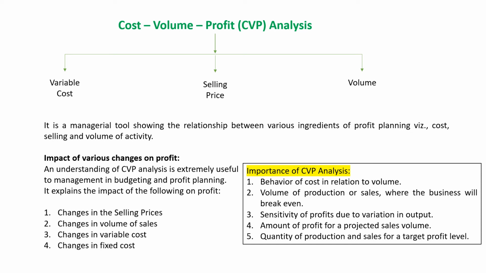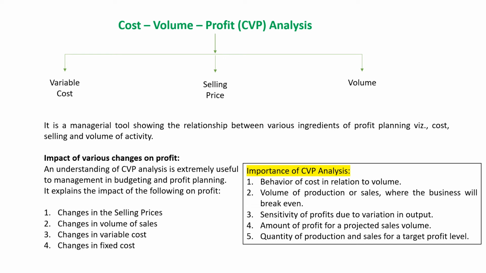And next, the selling price of the unit and cost will remain constant for a given level of output and period. This is another assumption. Okay, only when these assumptions are true, this analysis will be useful. Otherwise, it may go wrong.